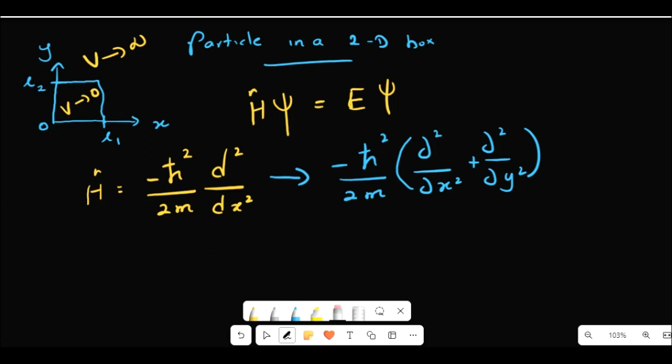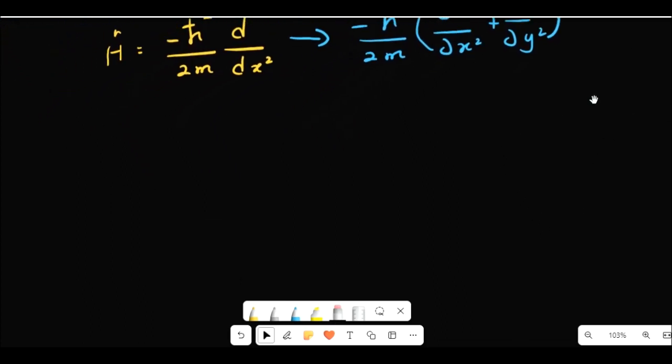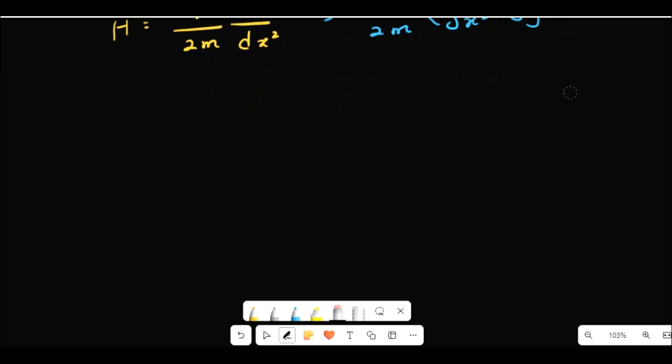Let's do the same thing over here, right? I'm going to apply this to our wave function, which is the Hamiltonian operator times our wave function equals energy times wave function. Now here our wave function consists of two variables, x and y.